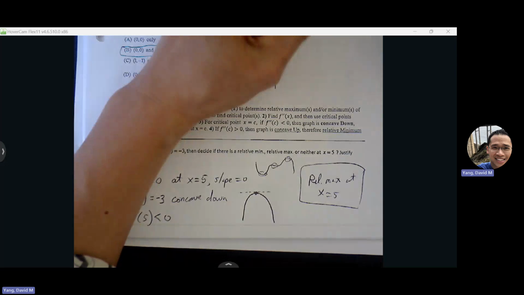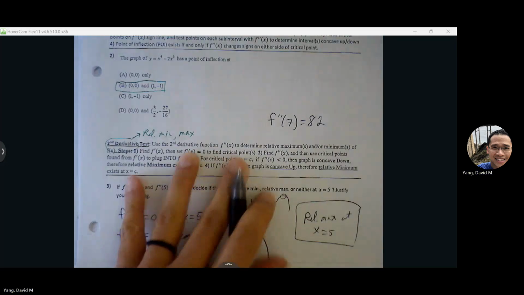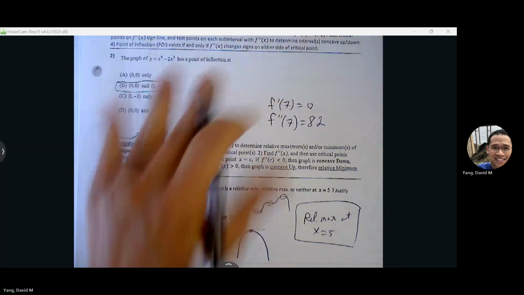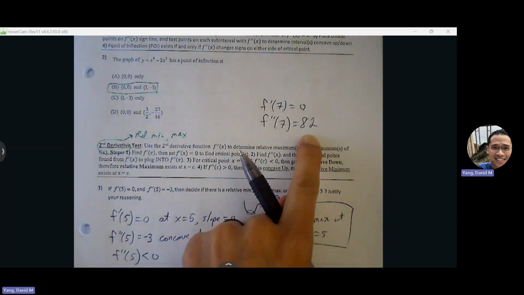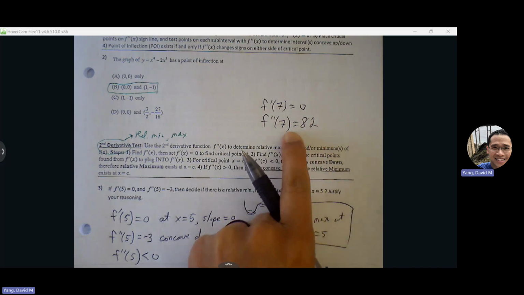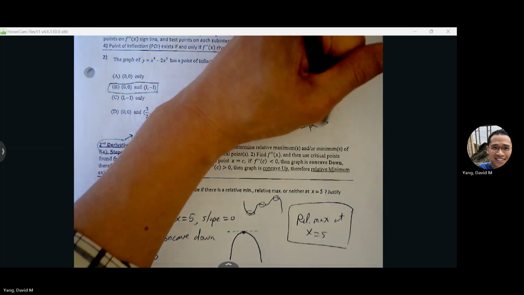Likewise, if I had f double prime of 7 is equal to 82, and f prime of 7 is equal to 0, I know that 82 may feel like, oh, that's a really high value, so that must be a relative max. But what does it tell us? This tells us that 82 is not that important. It's the fact that it's positive.